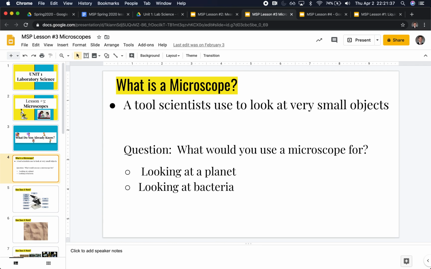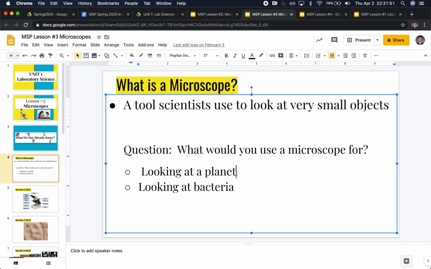And then I give a definition: it's a tool that scientists use to look at really small objects. Understanding how small an object a microscope is used to look at is important. A planet, you'd use a telescope for, it's not very small. And bacteria, they might not know bacteria, but if you explain that bacteria is the same thing as, for example, germs, they totally know germs.